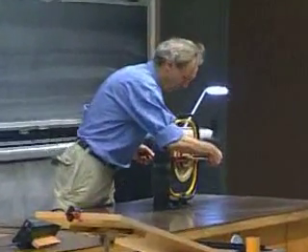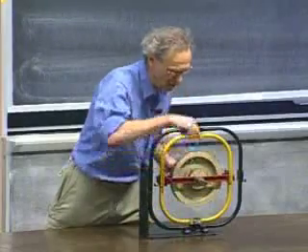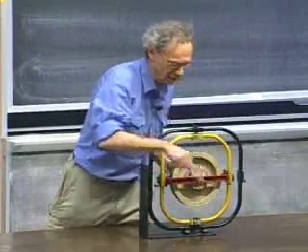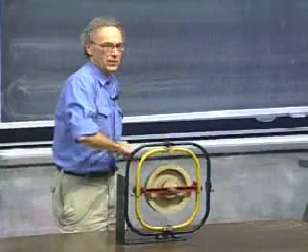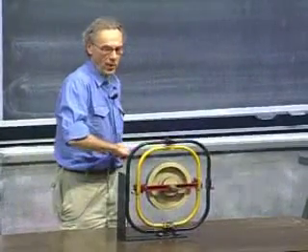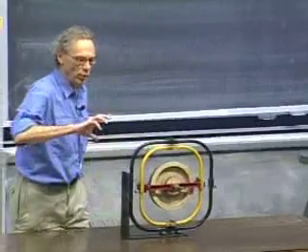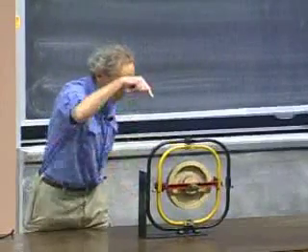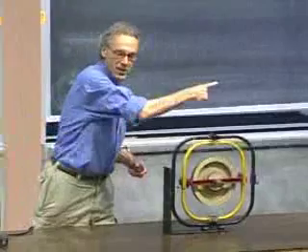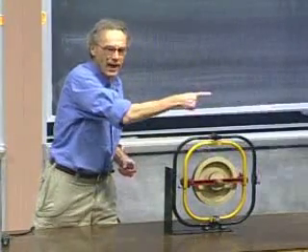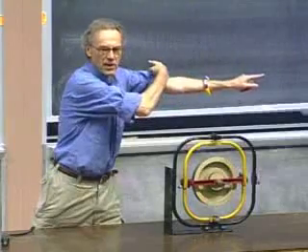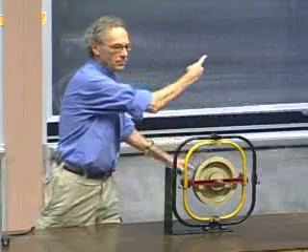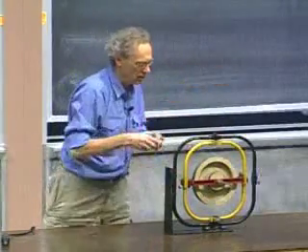So the wheel is spinning, but now I'm going to put a torque on it here. It is spinning in this direction. Angular momentum is pointing straight at me, away from you. I'm going to put a torque on like this, putting a weight there. Torque will be in this direction. What will the spin angular momentum do? Torque is in this direction, spin angular momentum is in this direction. Spin angular momentum will start to chase the torque.